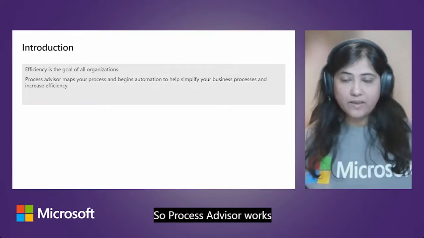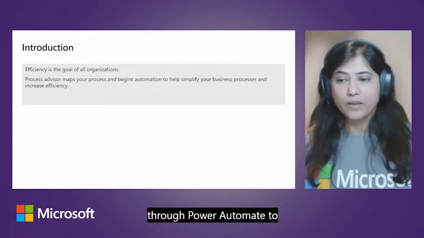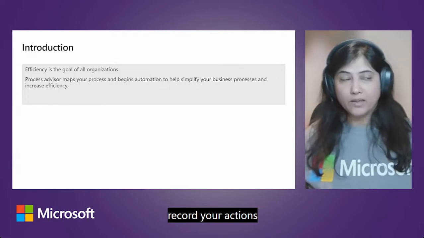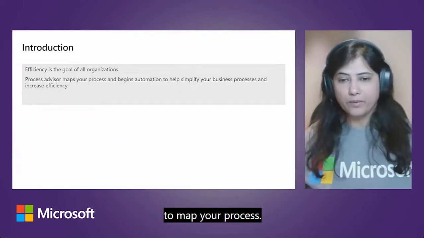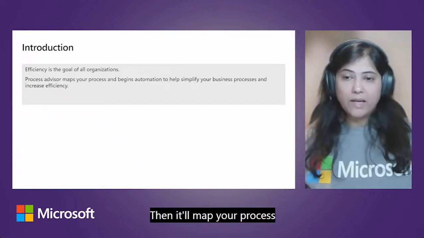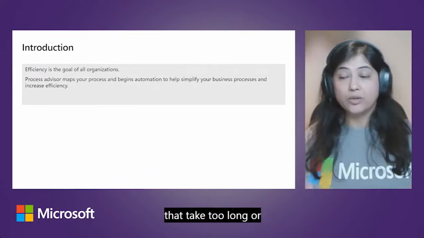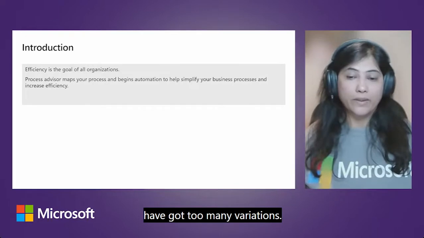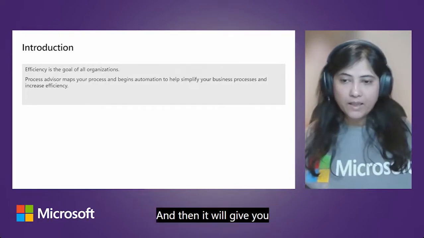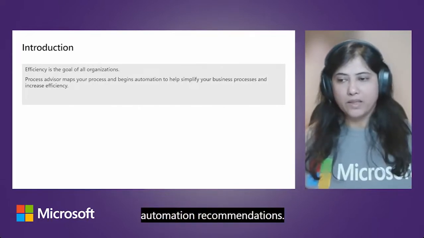So, process advisor works through Power Automate to record your actions on your desktop to map your process. Then it will map your process and provide insights on the actions that take too long or have got too many variations. And then it will give you automation recommendations.